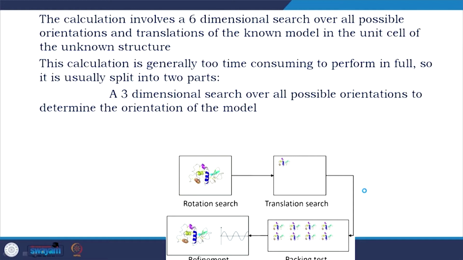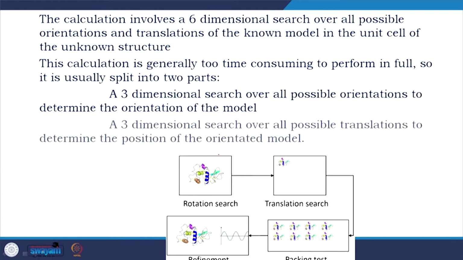So, this is the first one, the rotational search. The second is a 3-dimensional search over all possible translations to determine the position of the oriented model. So, then you do the translational search and you get the complex, and you do the refinement further.